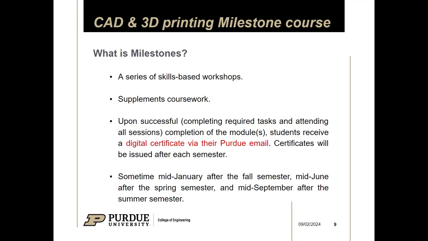So it supplements coursework, and instead of getting a grade for it, you just have a pass-fail system. So upon completion of this course, you will receive a digital certificate from Purdue, and you can put that on your resume or your LinkedIn to show people that you know what you're doing.